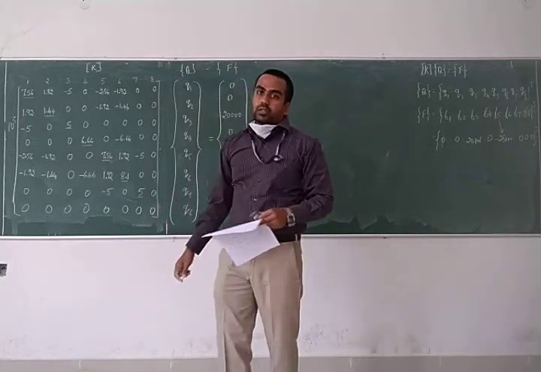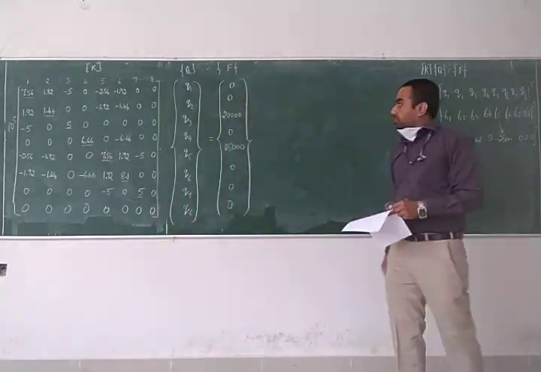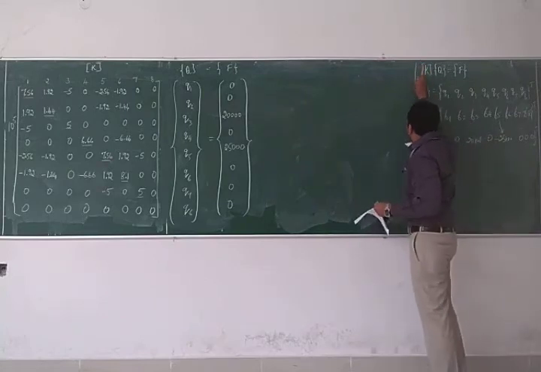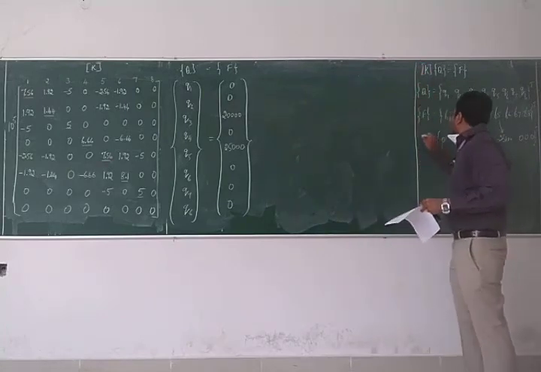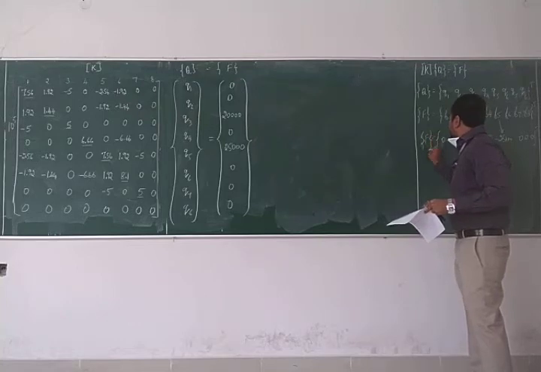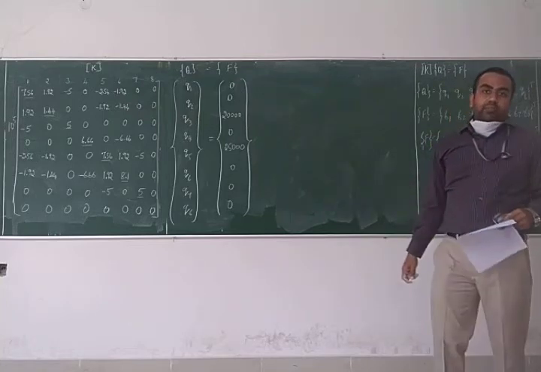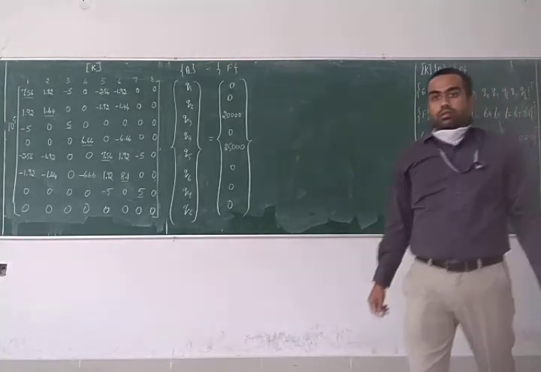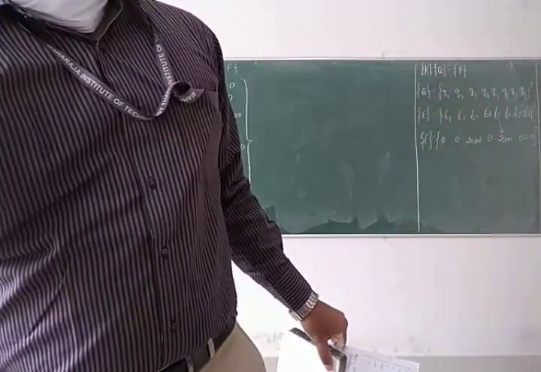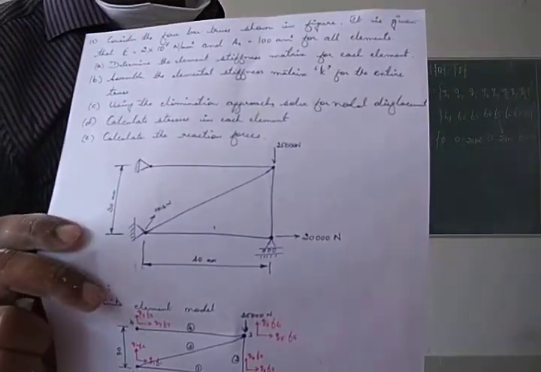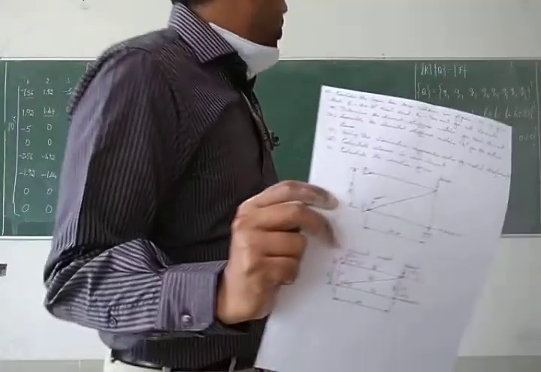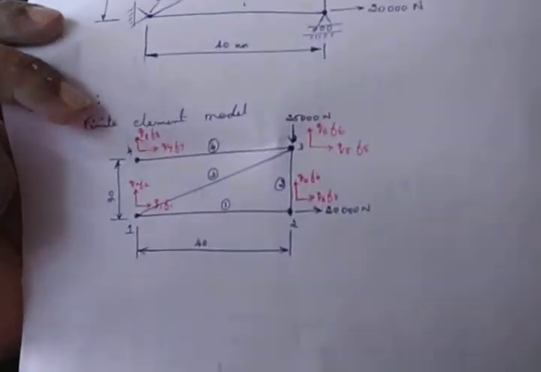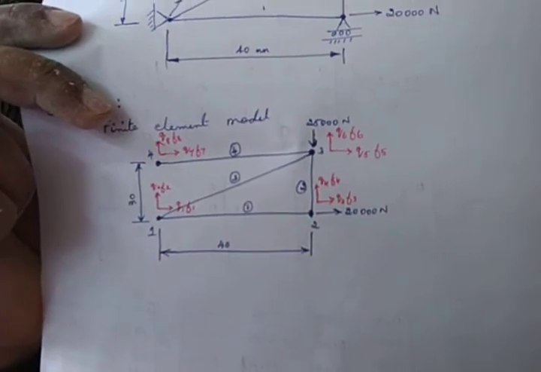Now we will apply the boundary conditions. What are the boundary conditions that we know? From the diagram, if you observe node 1 and node 4, they are fixed. So the degrees of freedom pertaining to node 1 and node 4, which are Q1, Q2 and Q7 and Q8, are 0.